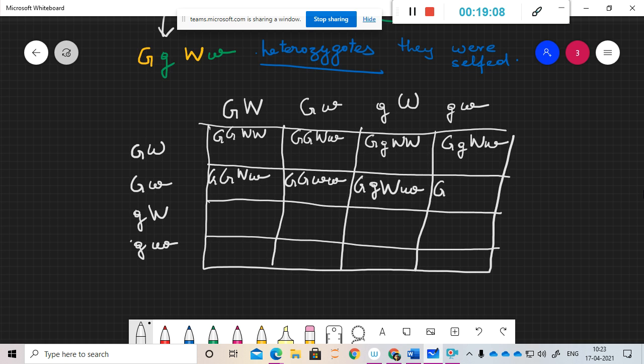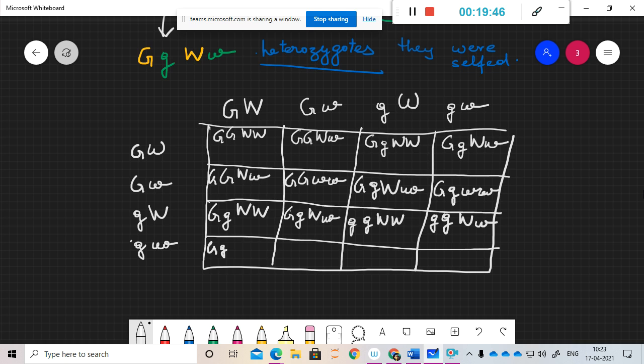Then capital G small g, capital W. Then small g, capital W, small w.